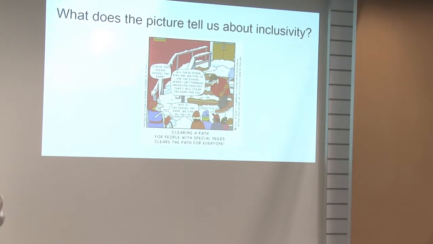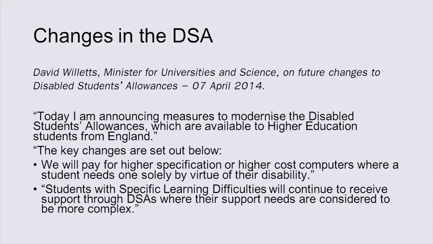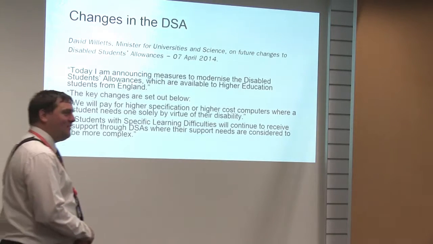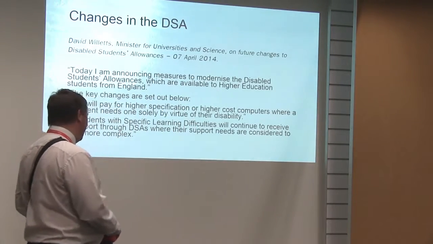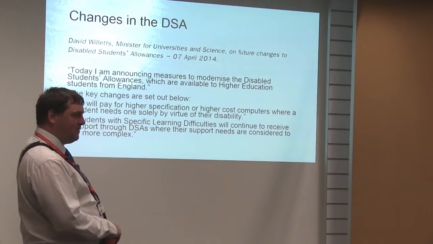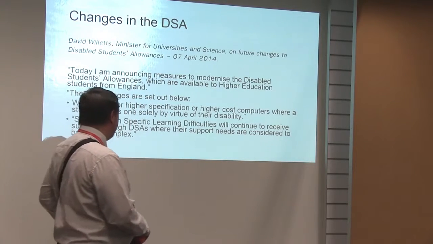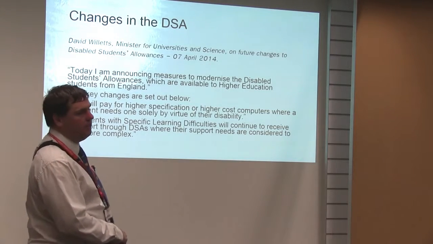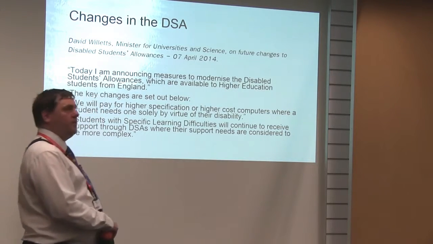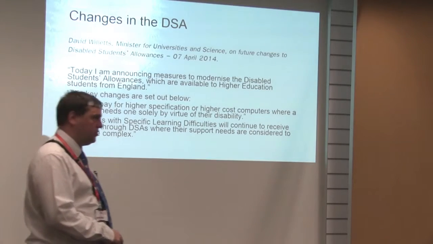So, how did all this start? What is shown is a statement by Minister David Willetts outlining changes in the disabled students' allowance provision. My friend, who I didn't realise was going to be there today, he's caused us a lot of hardship. Things really started kicking off about 3 years ago, when the government decided, right, we're going to change the government funding money support for disabled students.